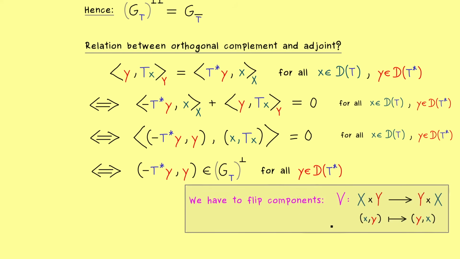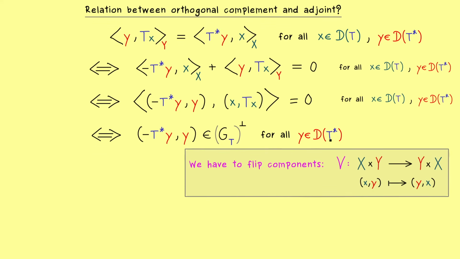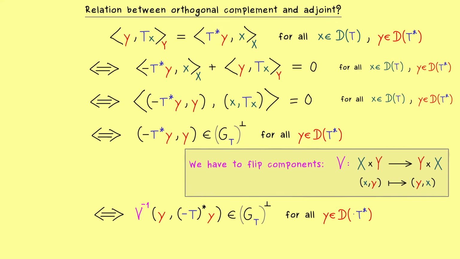And by using this inverse of V, we can reformulate this equivalence again. Namely, we have V inverse applied to (y, minus T star y). So we actually talk about the operator minus T star now. Or more precisely, what we have here is the graph of minus T star.